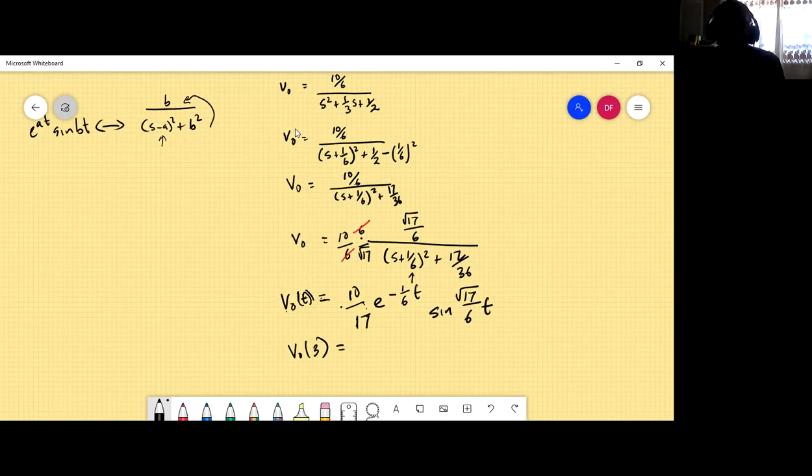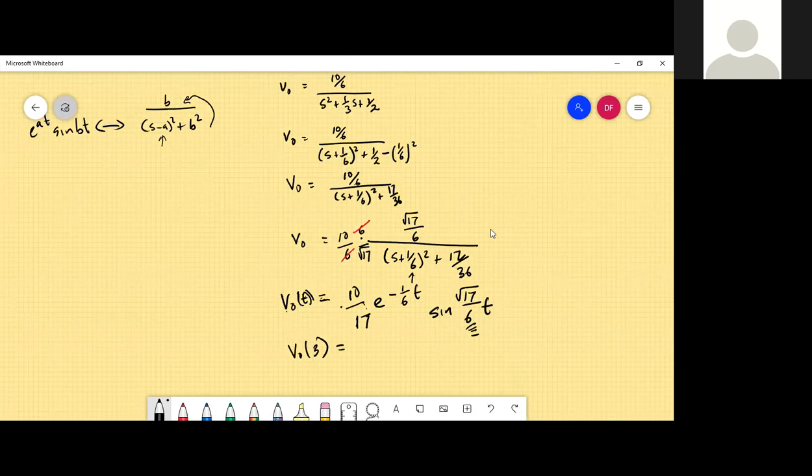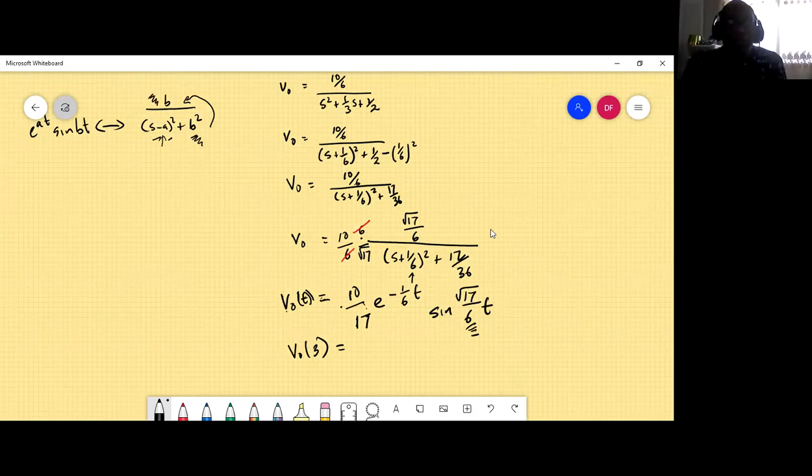Yeah, you're asking why we're having the root 17 over 6. All right. So remember now, the transform is s minus a all squared plus b squared, and then it has to have b on the top. So we have 17 over 36 as our b squared.